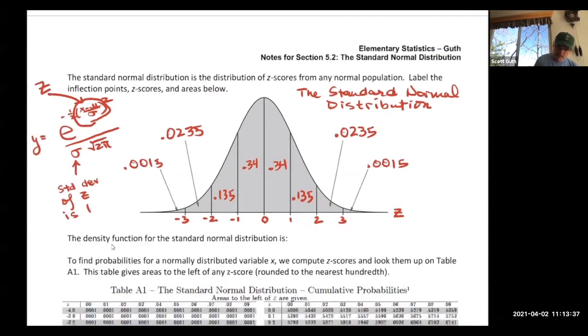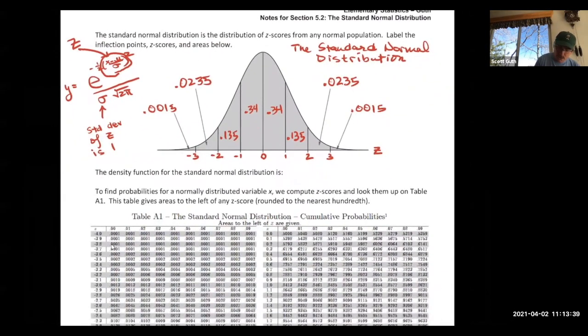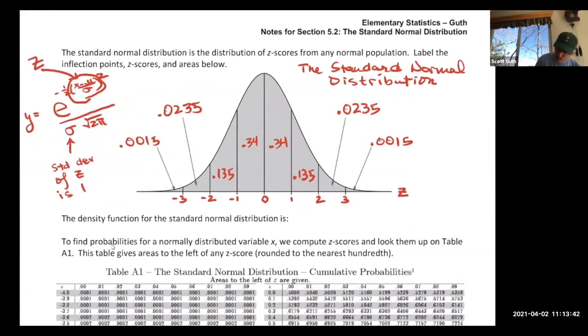So the density function essentially turns into y equals e to the -1/2 z squared over the standard deviation, which is 1, I'll leave that out, times the square root of 2 pi.